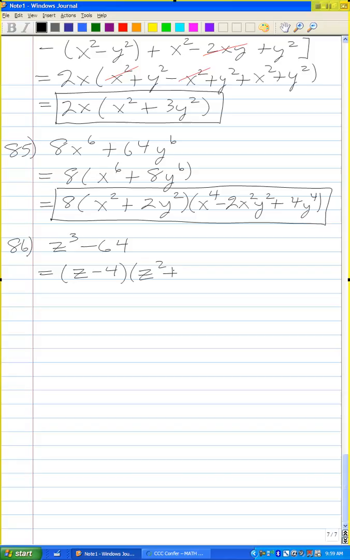Change the negative to positive. Multiply the two terms, z times 4, 4z. Plus square the last term, 4 squared, 16. And the z squared plus 4z plus 16 is irreducible over the integers, actually over the rationals.